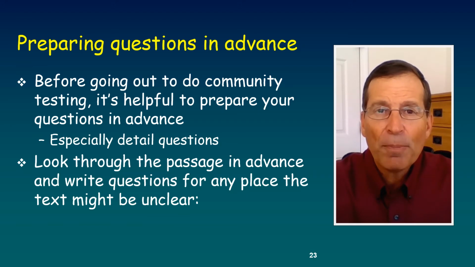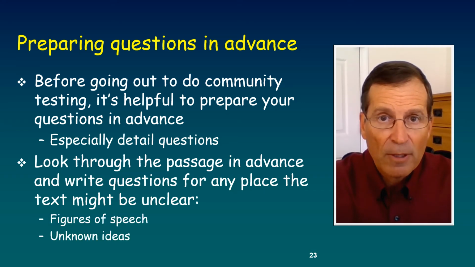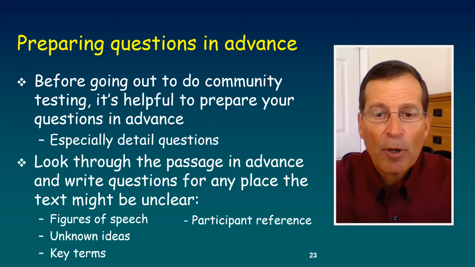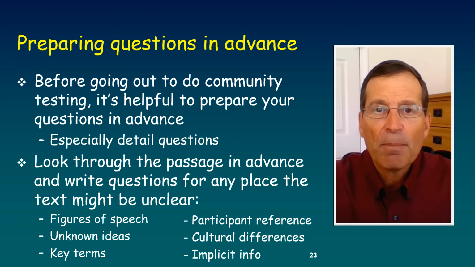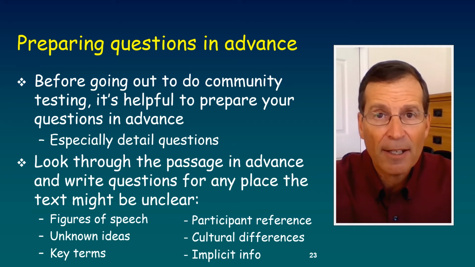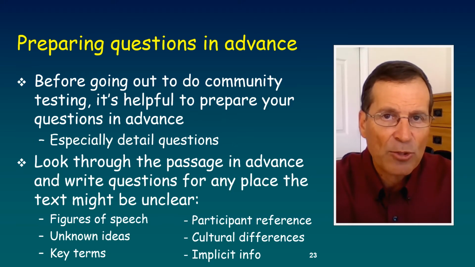Now, potential places where the text might be unclear would be figures of speech, unknown ideas, key terms, participant reference, cultural differences, and implicit information, things that were known to the source audience that might not be known to your target audience today. So write down those detailed questions in advance to make sure that these kinds of things will be clear to your audience.